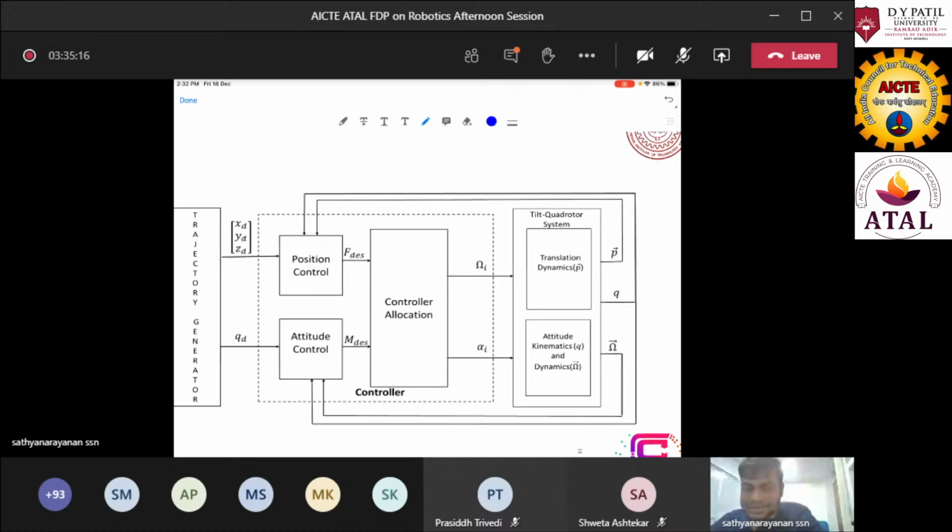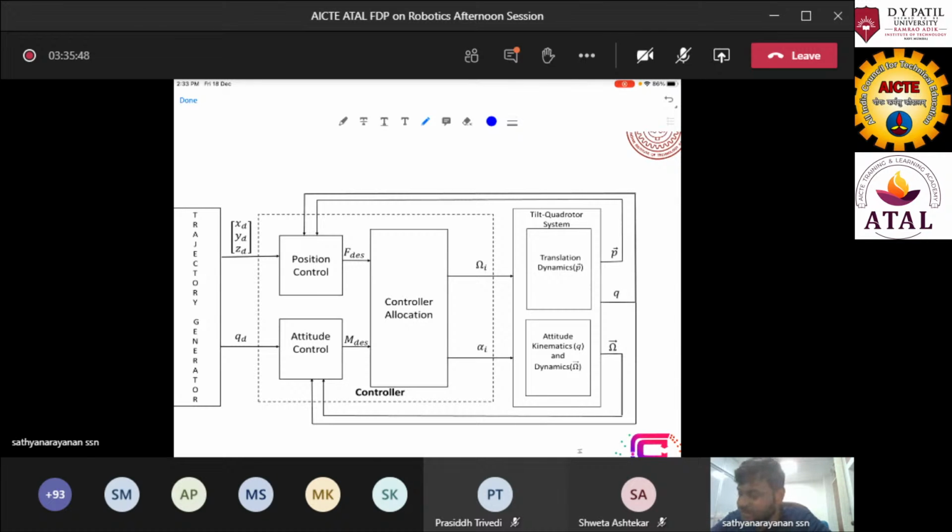But you can think of how to design a control allocation, because this has 8 inputs. As I said, it has 4 rotor speeds, and each rotor has one tilt angle. So it has 8 inputs and 6 degrees of freedom.